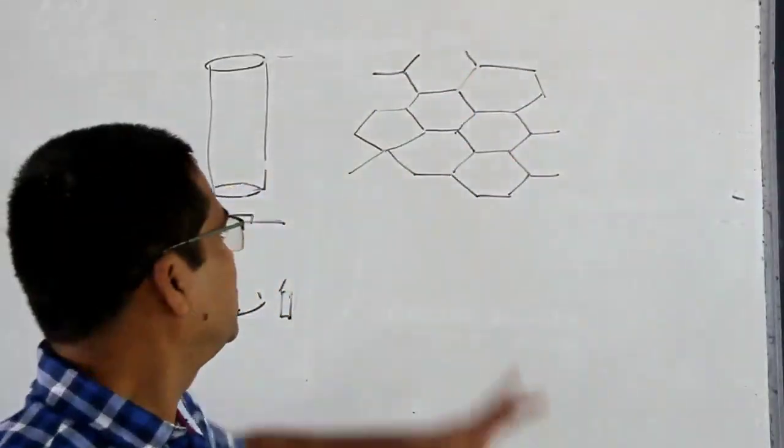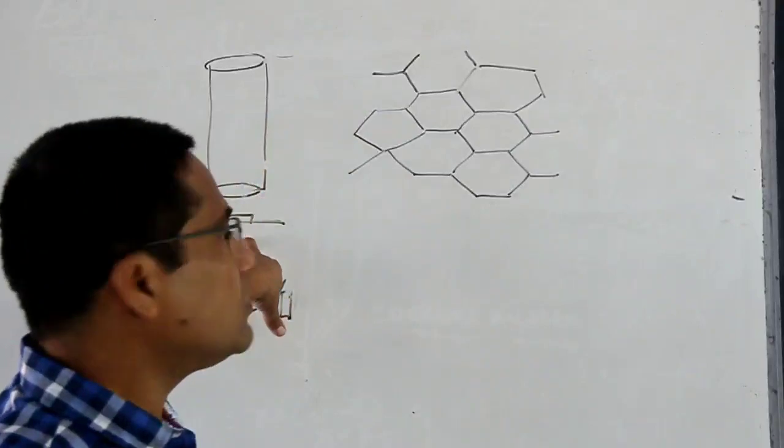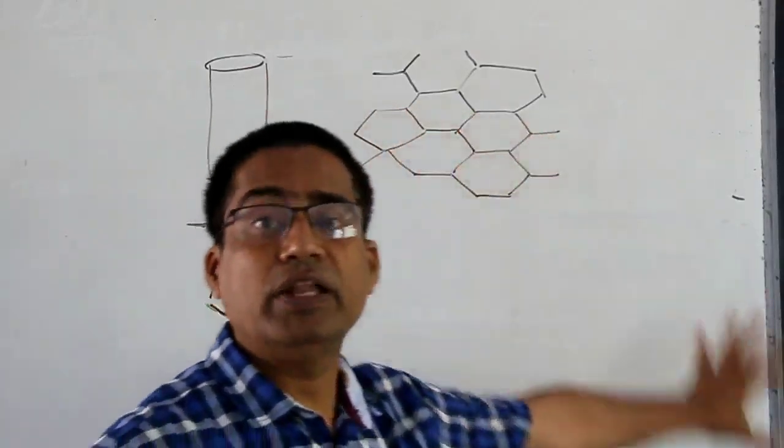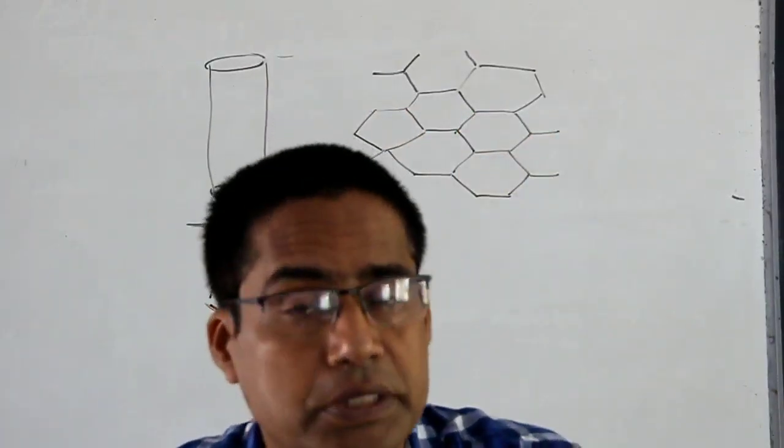So this slice of cork looked something like this when Robert Hooke observed it under the compound microscope.